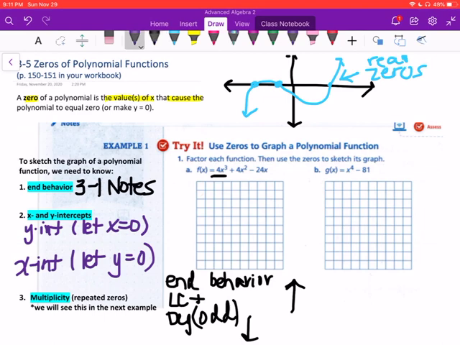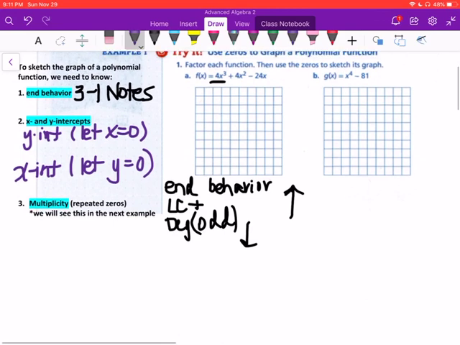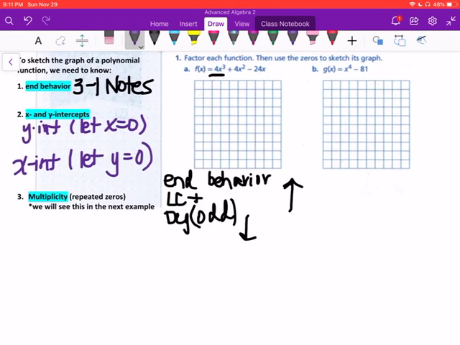Now let's look at our intercepts. Let's find the y-intercept first. For the y-intercept, I'm going to let x equal 0, and substitute 0 in for each x in my equation.